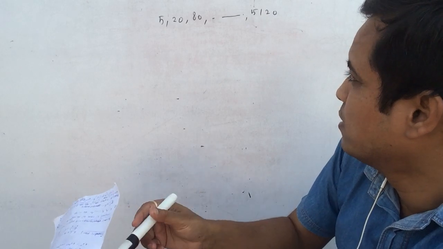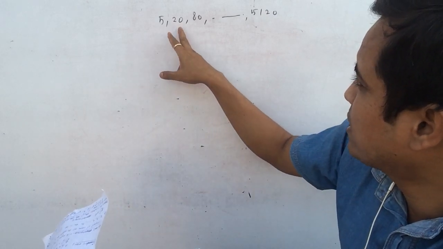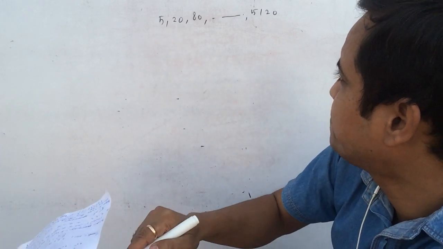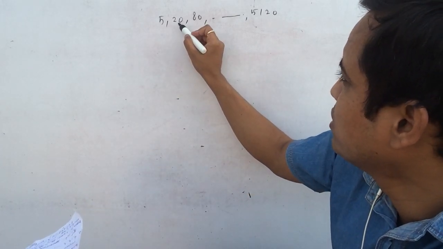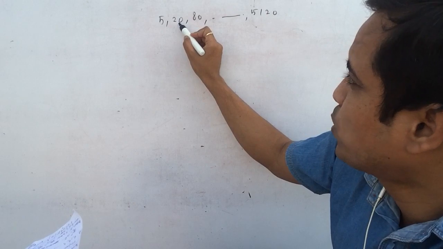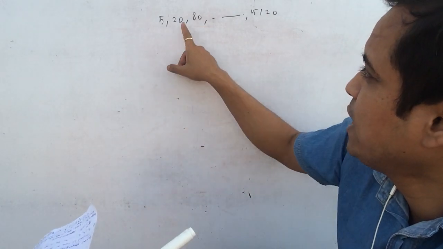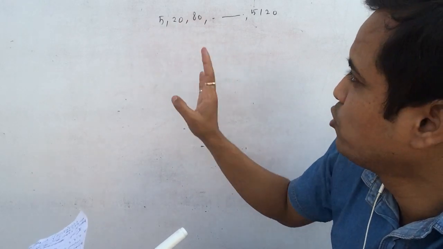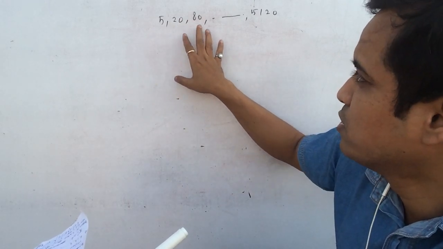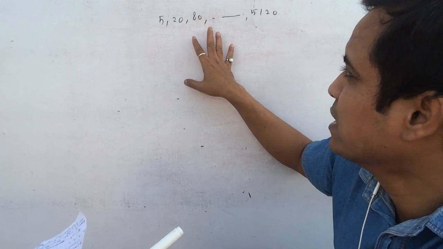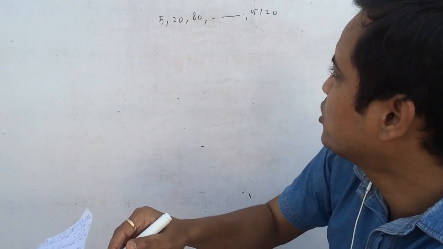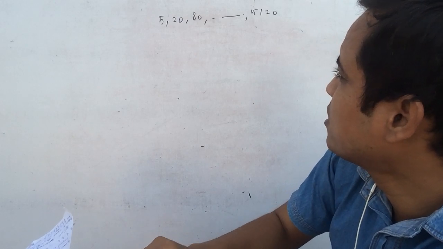Is it arithmetic progression, geometric progression or harmonic progression? 20 and 5, when you subtract 20 minus 5, you get 15. 80 minus 20, you get 60. So you're not getting the same common difference here. So this will not be an arithmetic progression. Now we move to check whether it is geometric progression or not.